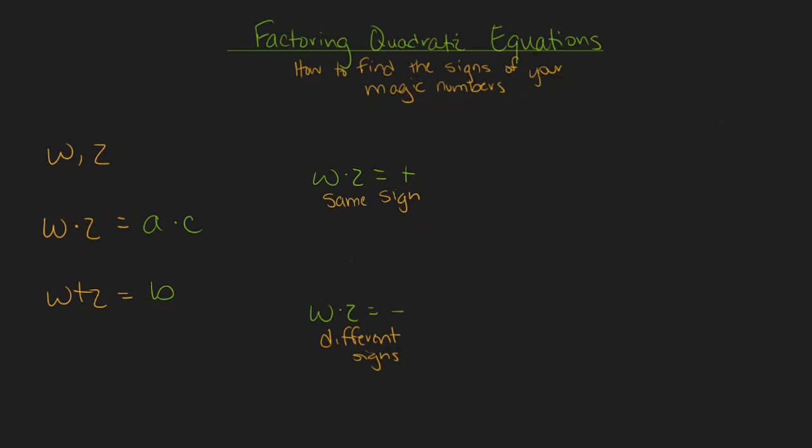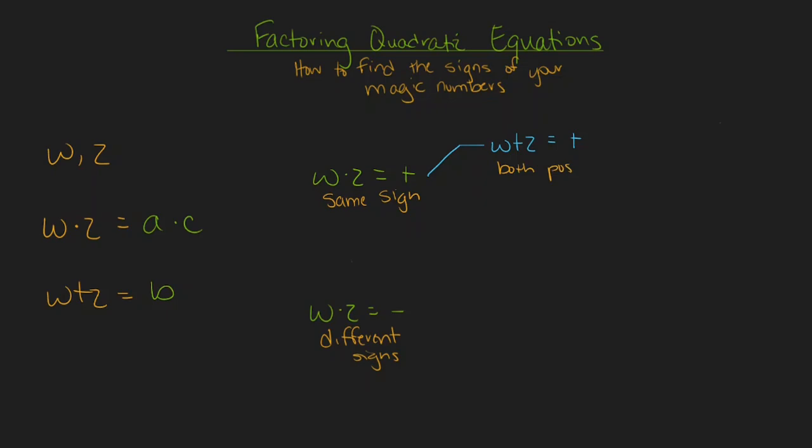Let's jump back up to the top scenario where we have the product of w and z as a positive number. From this point, we have two possible values for b. If our b term, or the sum of w and z, is positive, that tells us that both w and z are positive.